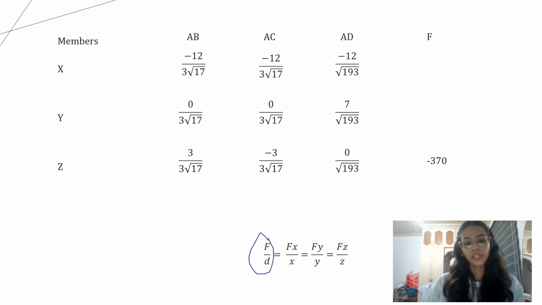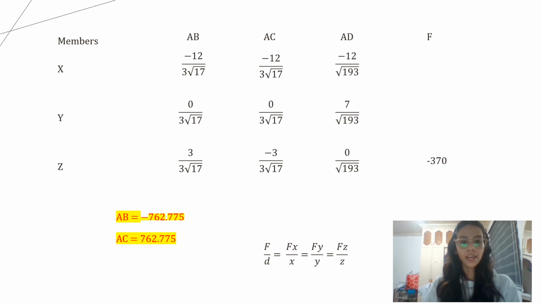So for AB, we have negative 762.775. And for our AC, we have also 762.775. And for our AD, we have 0.